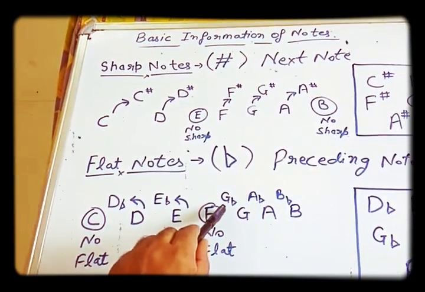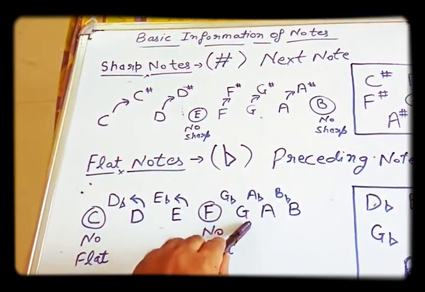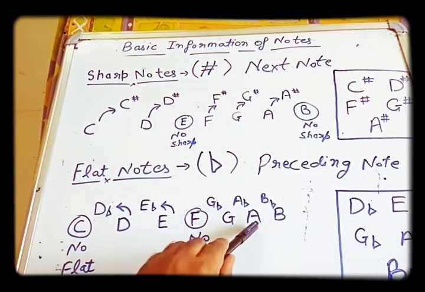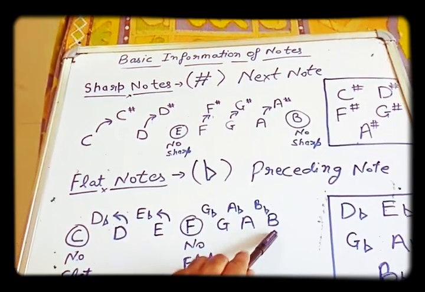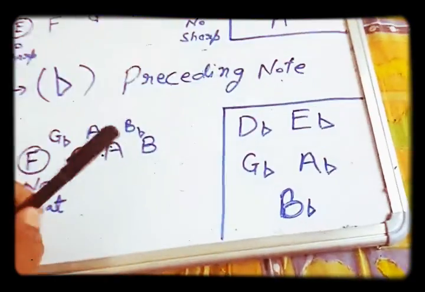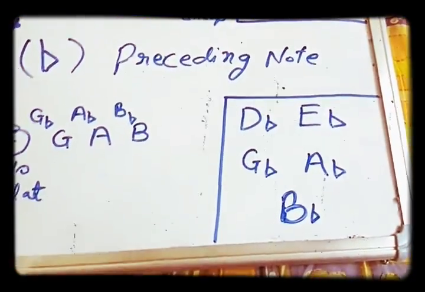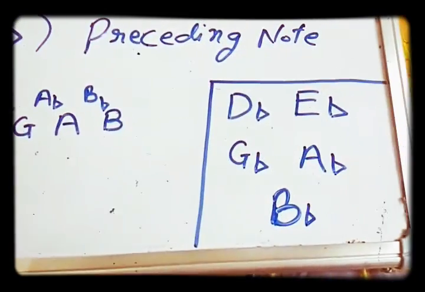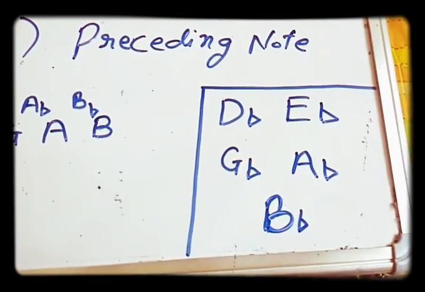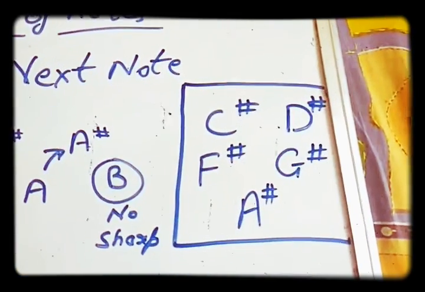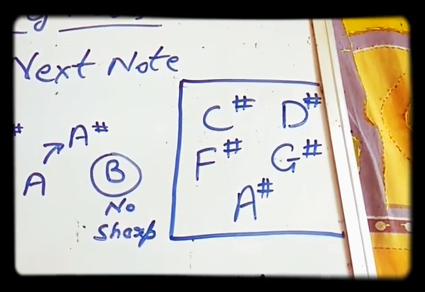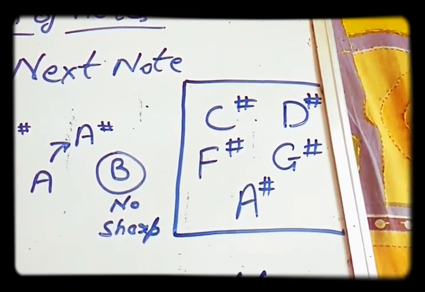Similarly, G flat comes before the G note, A flat comes before the A note, and B flat comes before the B note. So here I have defined them. These are the 5 flat notes: D flat, E flat, G flat, A flat and B flat. And here are the sharp notes: C sharp, D sharp, F sharp, G sharp and A sharp.